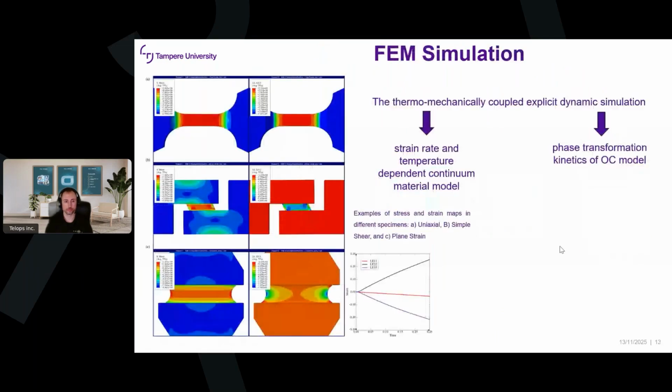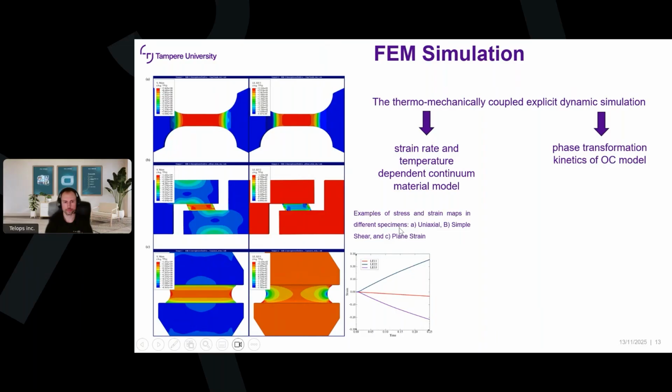We had an FEM simulation as a backup and also to validate our measurements. We used a thermo-mechanically coupled explicit dynamic simulation that included a strain rate and temperature dependent continuum material model plus the phase transformation Olson-Cohen model.